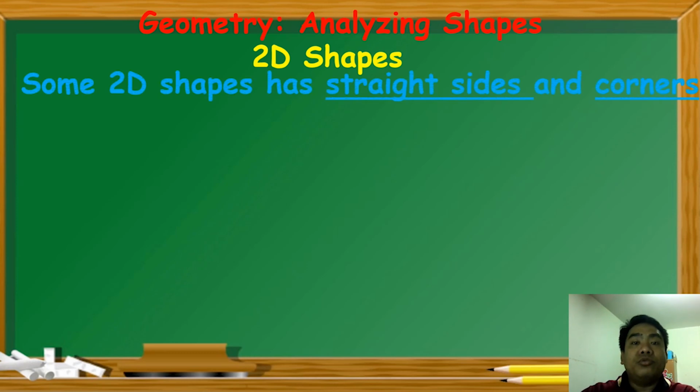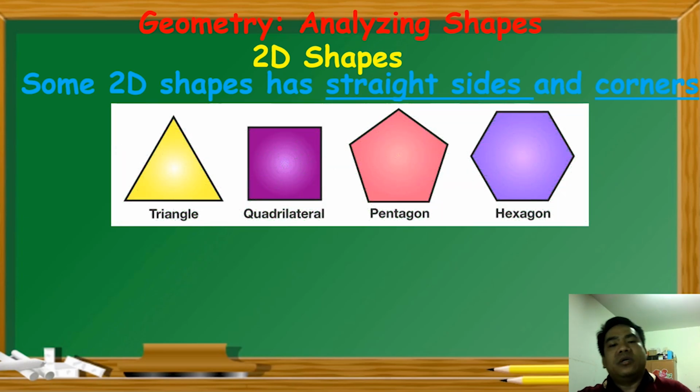Some 2D shapes have straight sides and corners. Triangle has 3 sides, quadrilateral or the square has 4 sides, pentagon has 5 sides, 1 2 3 4 5, hexagon has 6 sides, 1 2 3 4 5 6.